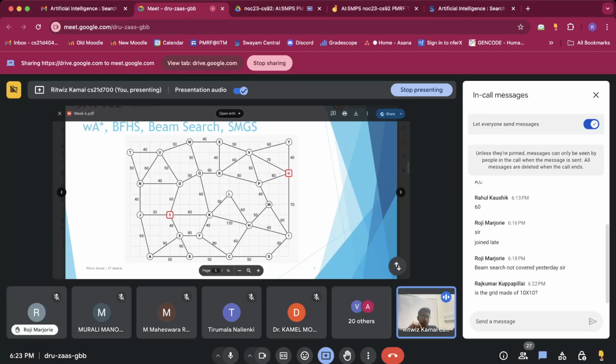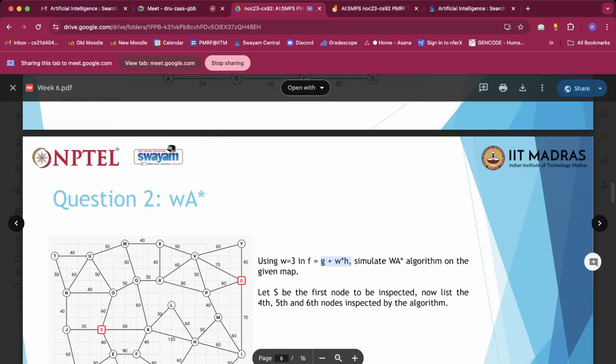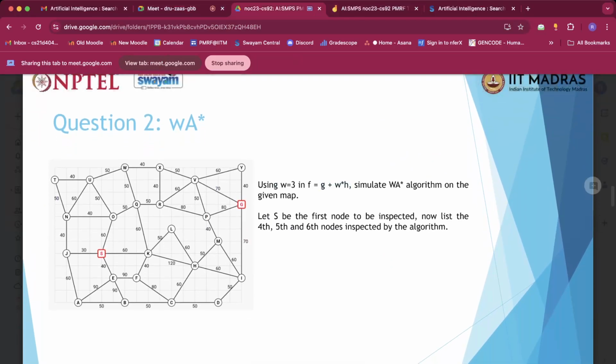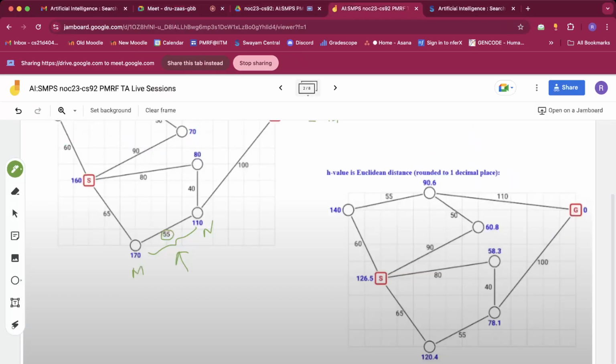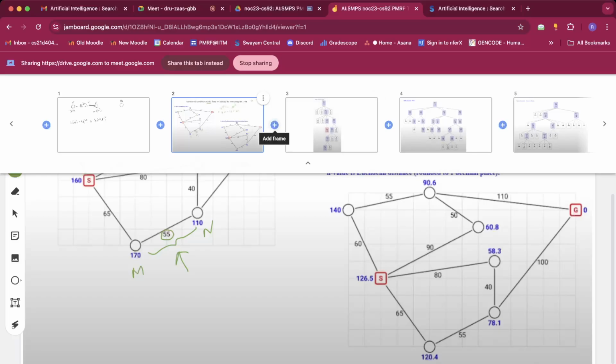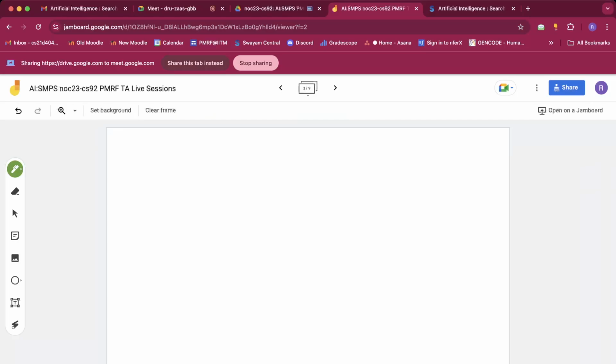I hope you have some partial solution ready by now. Let's have a look at the solution and see in what direction we were all heading. Like in the usual A star, we are going to start with our start node, which will be inspected first.